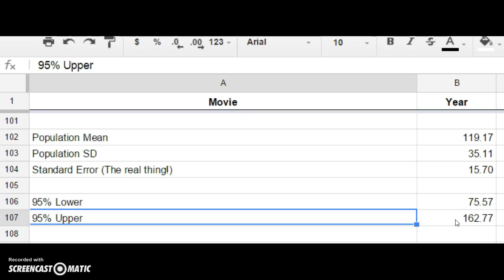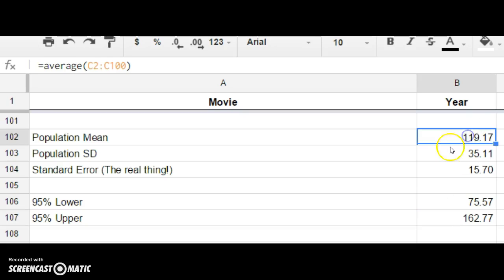Now what we can also say is, looking backwards, if we get a sample of 5 movies, calculate the mean, and use our estimated standard error to create a confidence interval around it, roughly 95% of the time we'll catch this population mean.